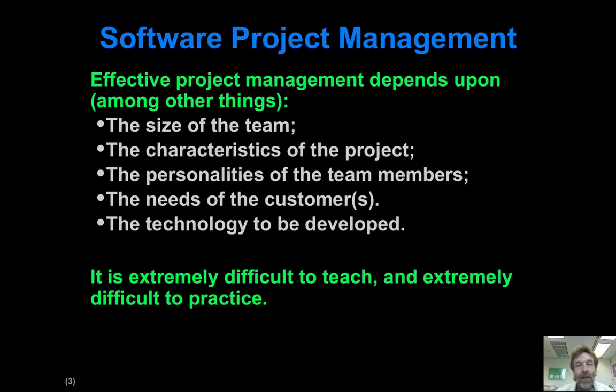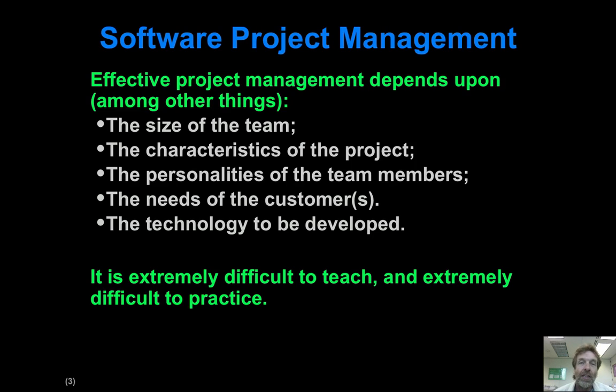Okay, so basically, when you think about project management, you can't think about one thing. Just like when you think about software development, you can't think about one kind of software. Database management system development, or database-based applications, are extremely different from embedded applications, which are extremely different from real-time sensor-based applications and so on and so forth.